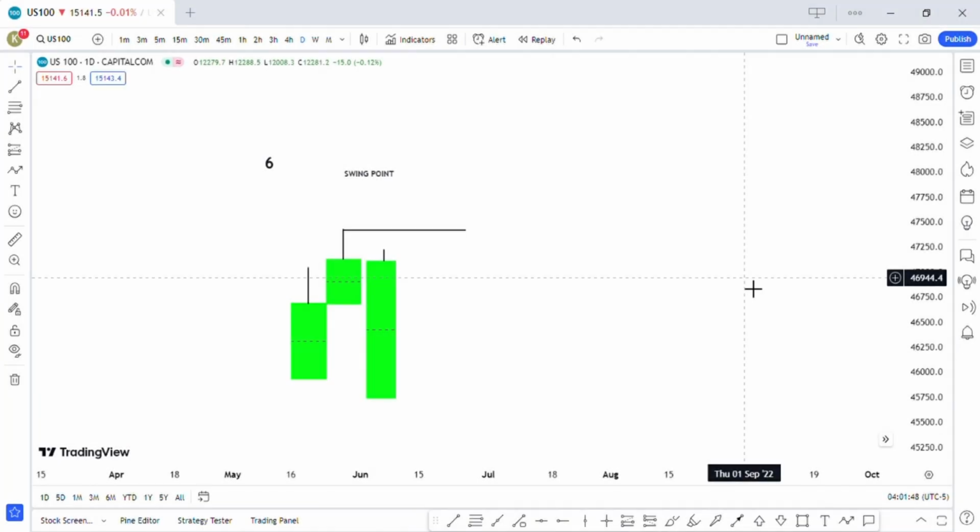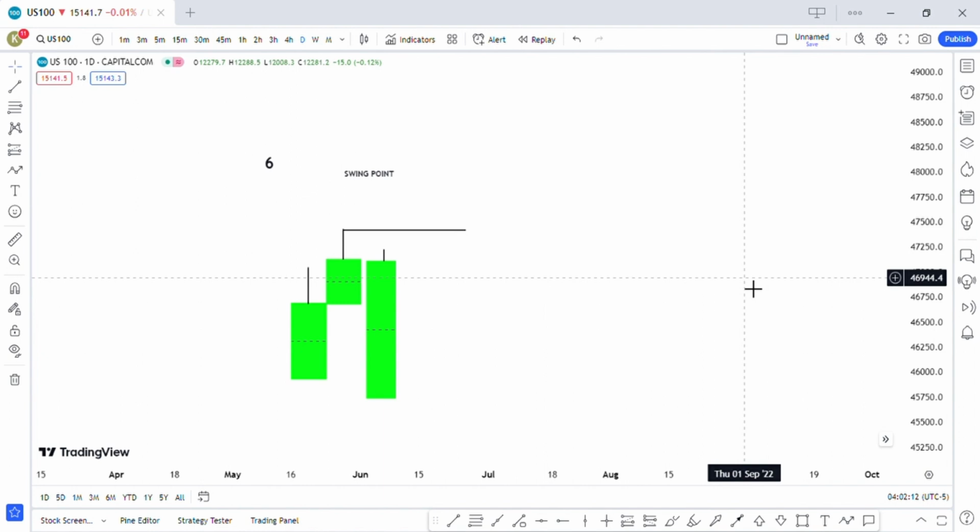Now, for the last part of this video, we are going to talk about swing points, right? A swing high is a candle that has a lower candle to the right of it and a lower candle to the left of it. The middle candle is the highest. A swing low is a candle that has a higher candle to the left of it and to the right of it.